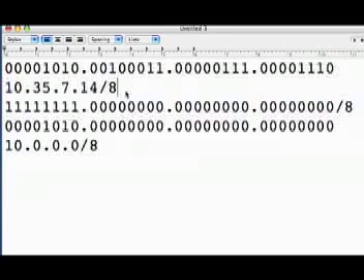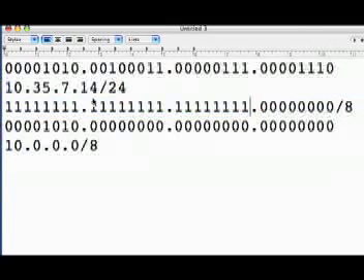So instead, we're borrowing some of the host bits and turning them into additional network bits. So our mask is actually now a /24. And so our new subnet mask is ones for 24 bits, and then zeros.